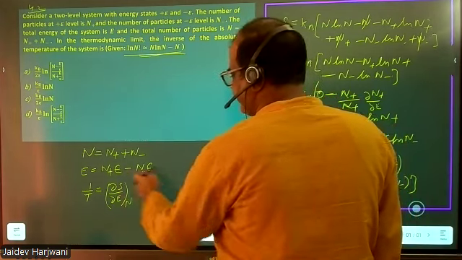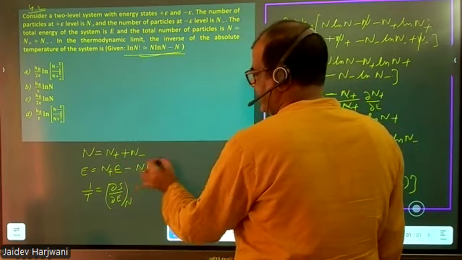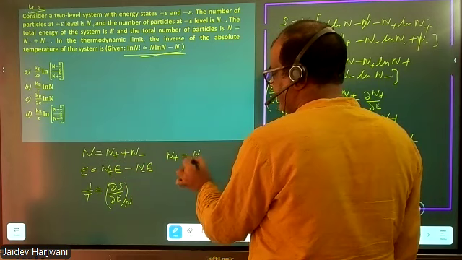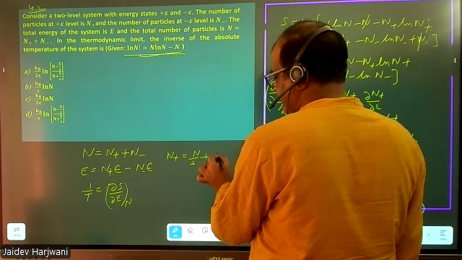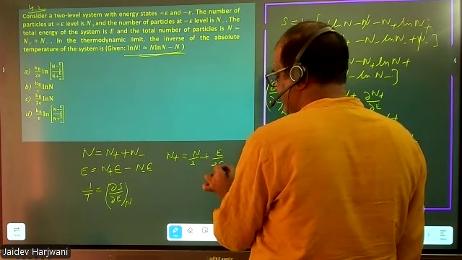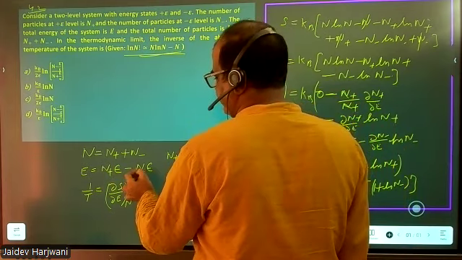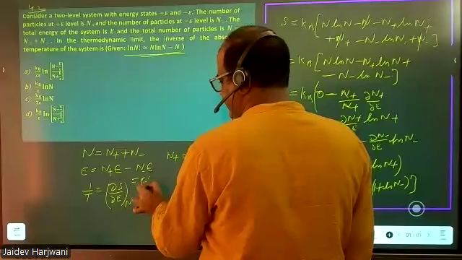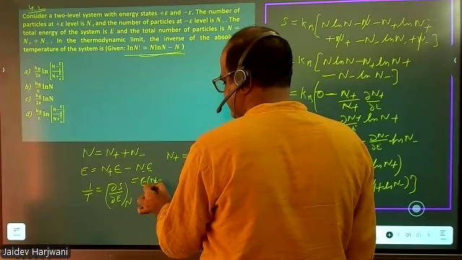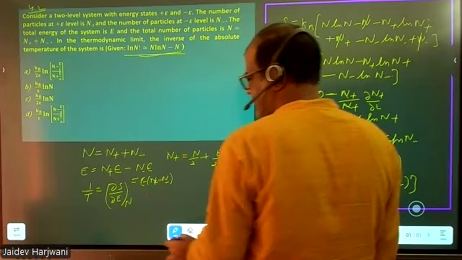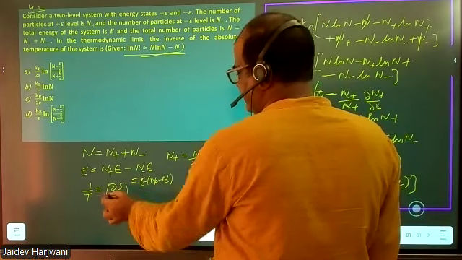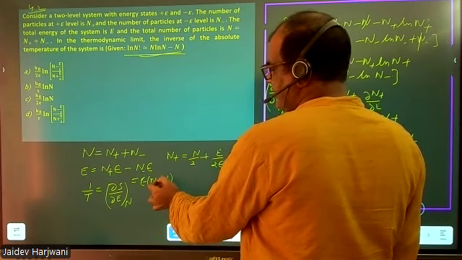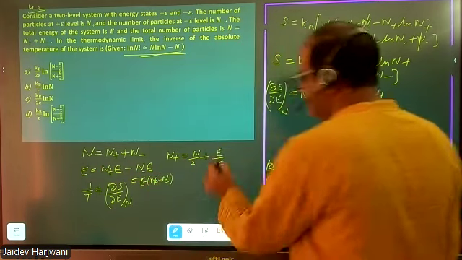Okay. So using this expression of energy, I can write my n plus. So my n plus will be what? N plus will be n by 2 plus E upon 2E. Okay, because if you write here, you can write this as E upon n plus minus n minus. So n plus will be E by E minus n will give you n minus n, so 2n plus 1. So this will be n by 2 plus E upon 2E.